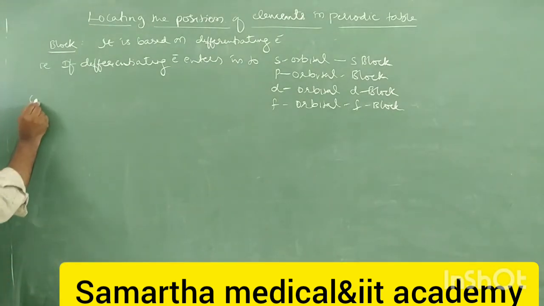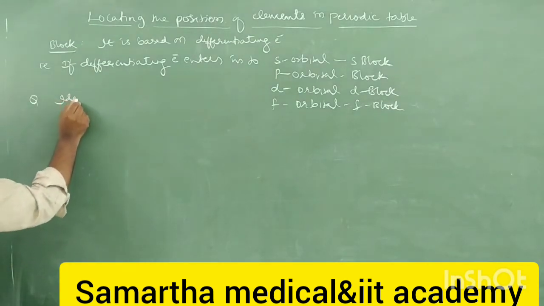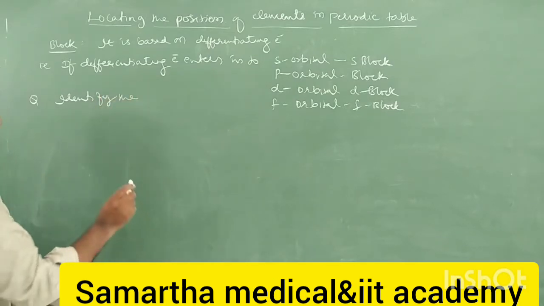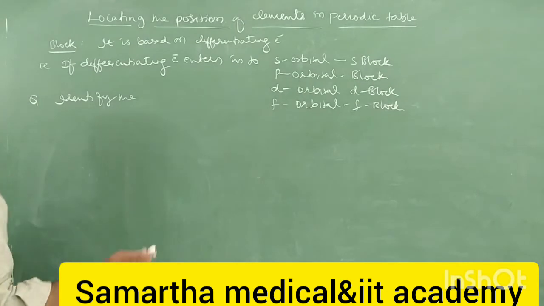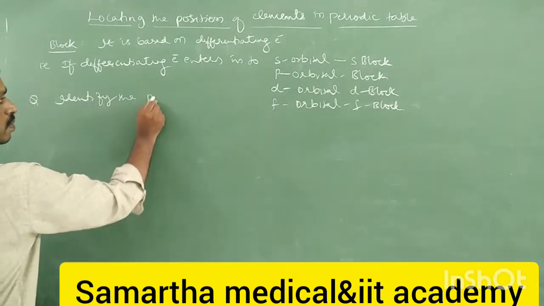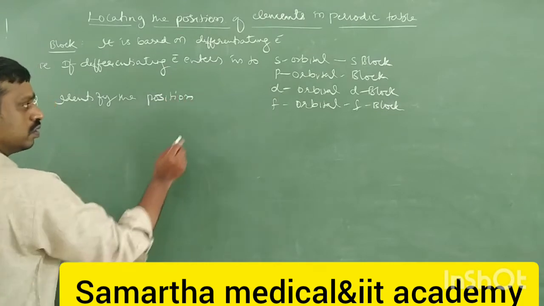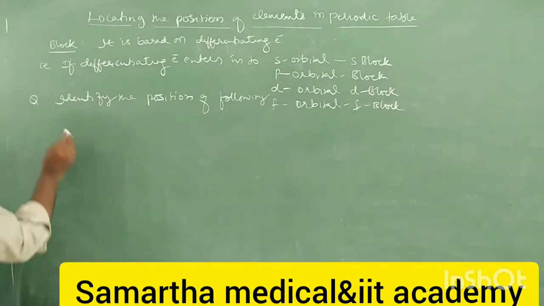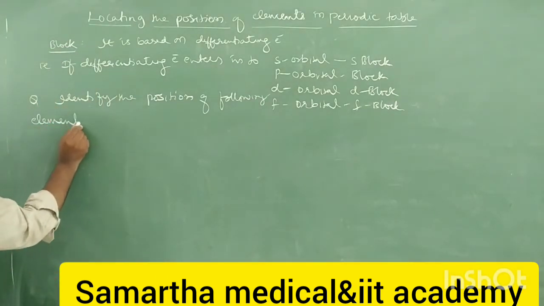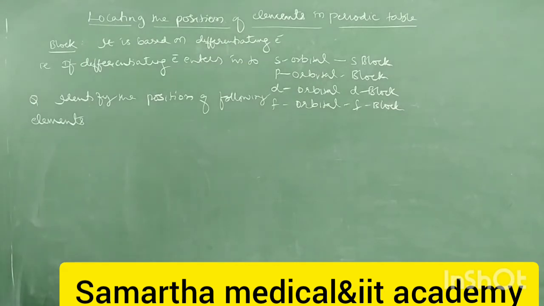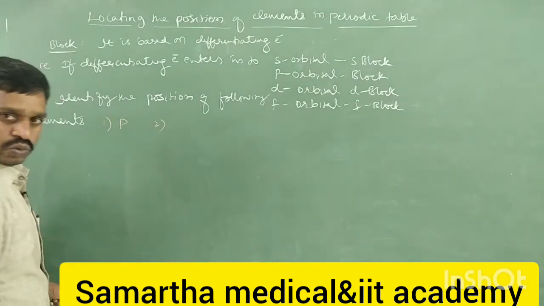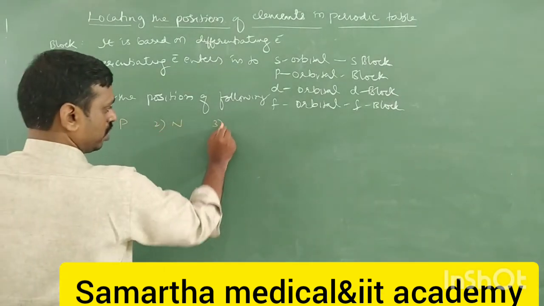Next question. Identify the position of the following elements in the periodic table. 1. Phosphorus. 2. Nitrogen. 3.